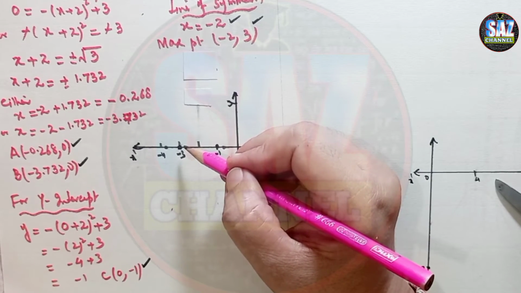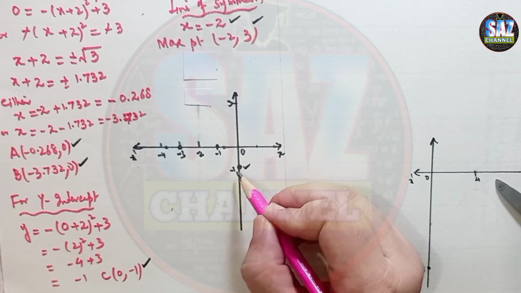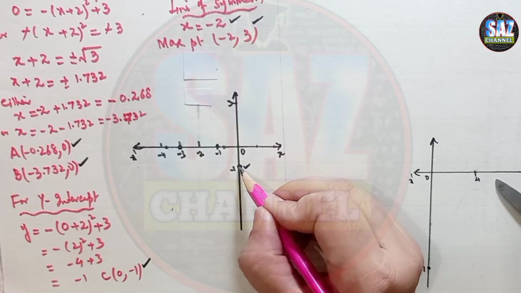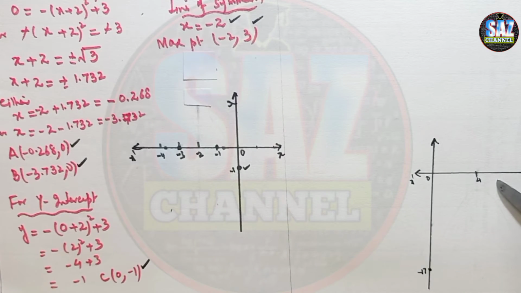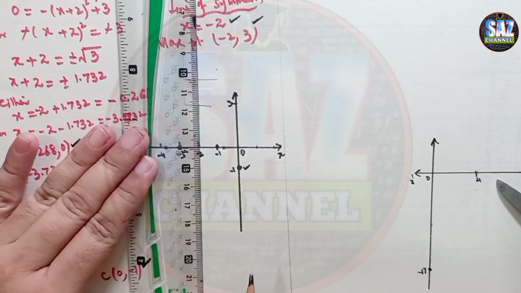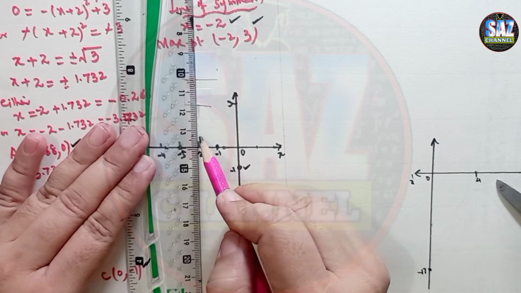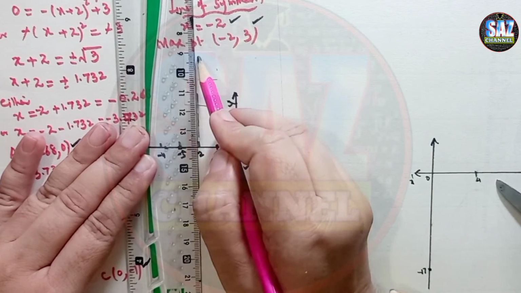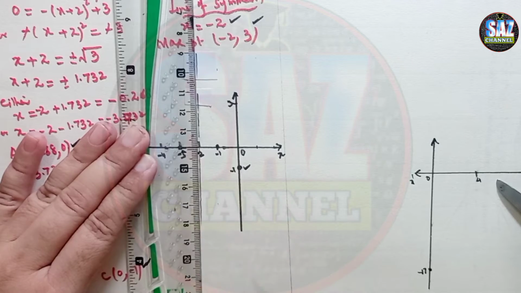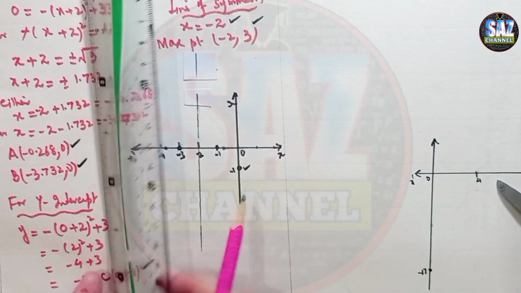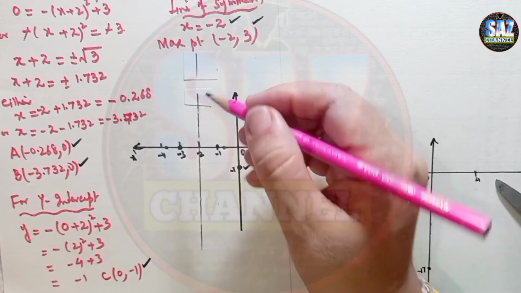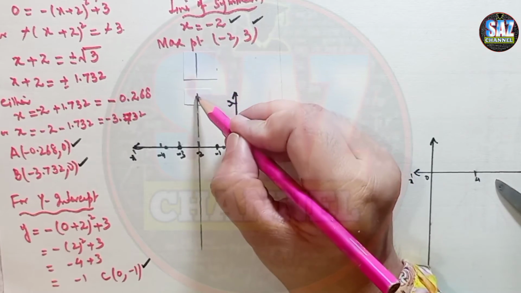And then the y value is 0 with minus 1, and then the line of symmetry is coming at x equals to minus 2, so I have to draw the line of symmetry here, x equals to minus 2, and the maximum point that the curve is taking is minus 2 with 3.